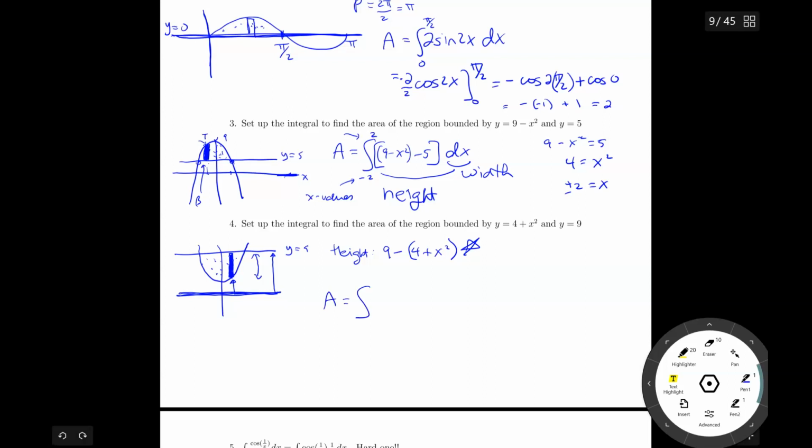The area will be the height of the rectangle times the thickness of the rectangle, which is dx. Where am I going to be building the rectangles from and to? 9 is equal to 4 plus x squared, so 5 is x squared. I'm going to go from negative root 5 to positive root 5. And that is the area bounded.